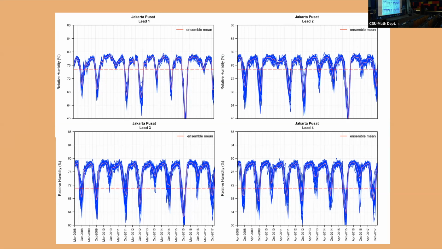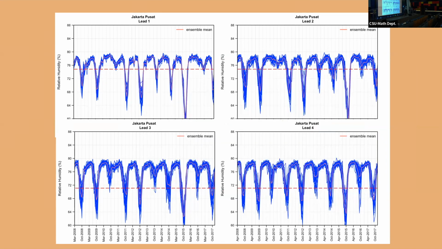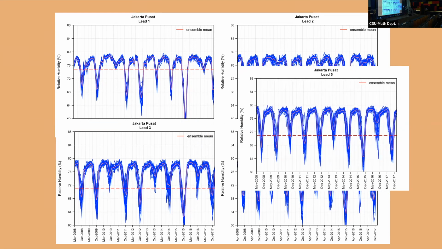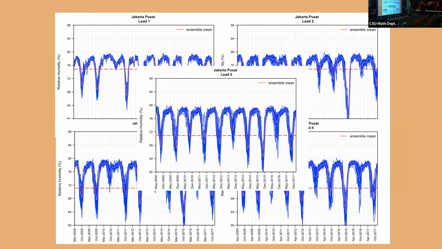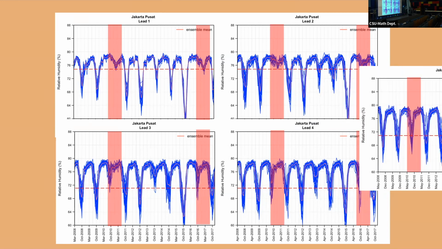In some cases all of the ensemble mean should be placed above 75%. And from this exploration, for the La Nina events, we have the ensemble mean always higher than 75% in each pink background.